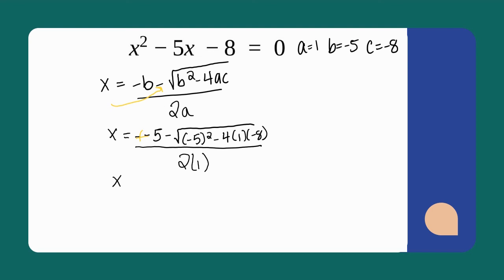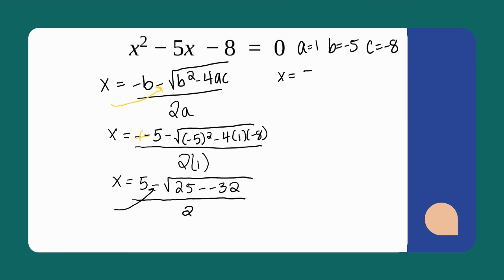So we have x equals 5 minus the square root of -5 times -5 is 25 minus -32 all over 2. Okay, so again, the only thing that's changed is this negative sign. Let's simplify under our radical again. We have x equals 5 minus the square root of 57 all over 2 times 1, which is 2.